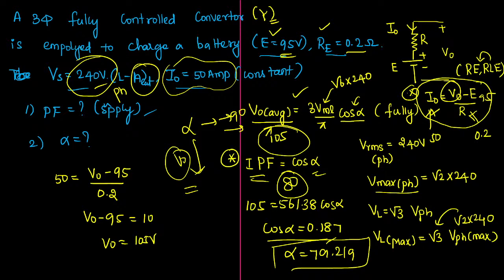But we haven't reached that portion yet; we are at 80 only, about to touch 90 degrees. So it will not be discontinuous. Remember, they already told in the question that the current is constant. Constant means it is continuous. So we have estimated this value. See, the power factor is very poor, only 0.1, very very poor I can say.